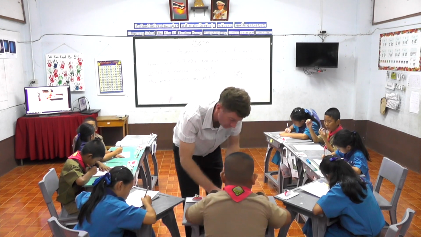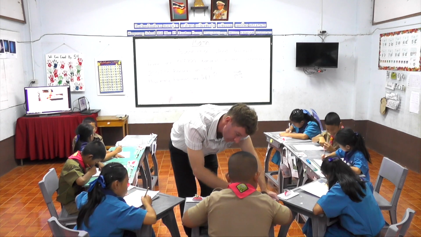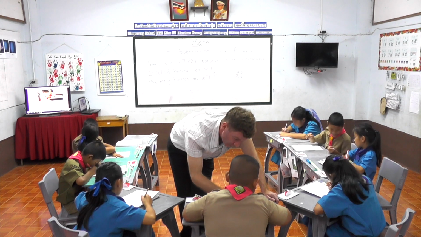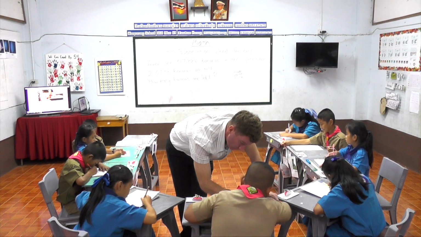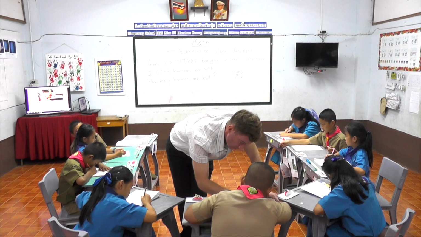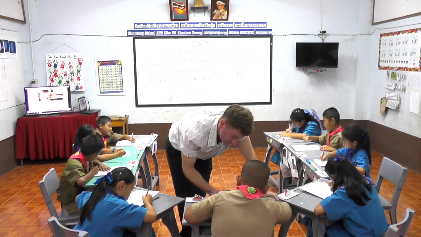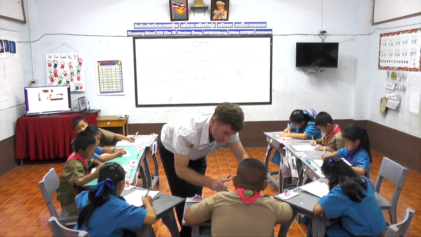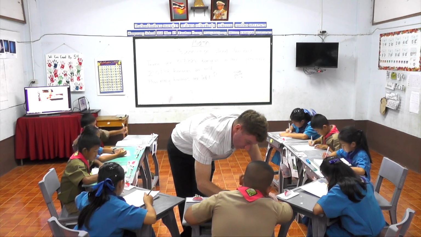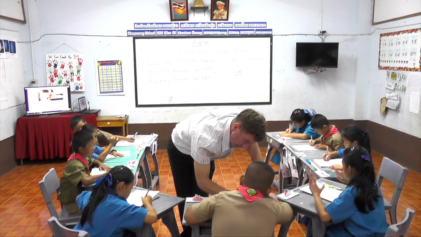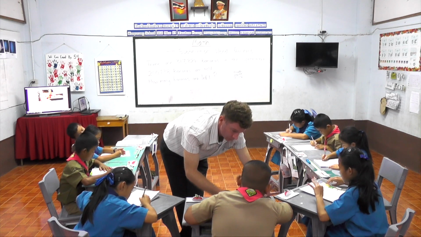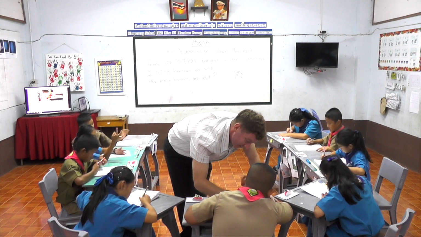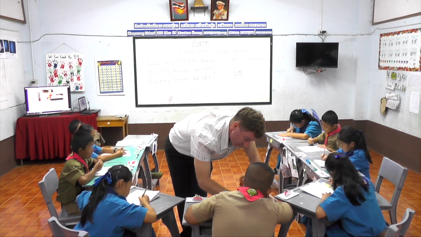So let's see, let's do together. So 3 minus 7 cannot, what we need to do, we need to borrow. So 13 minus 7. Six. Well done. 8 minus 4. 4. 4 minus 9 we cannot do.